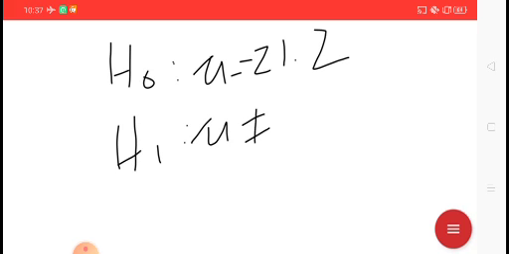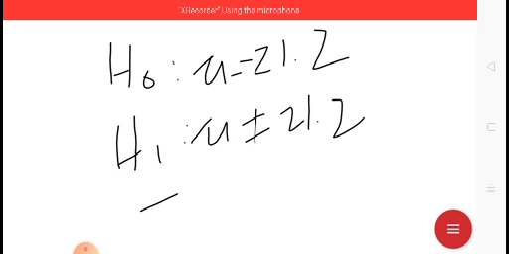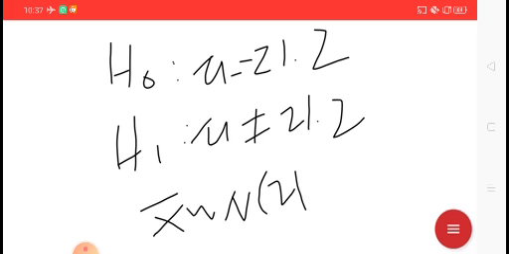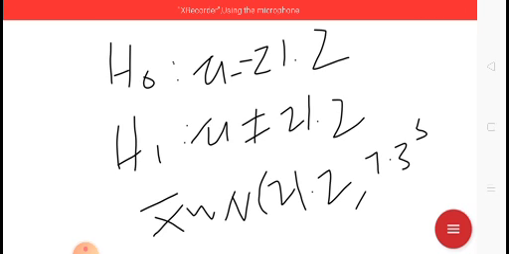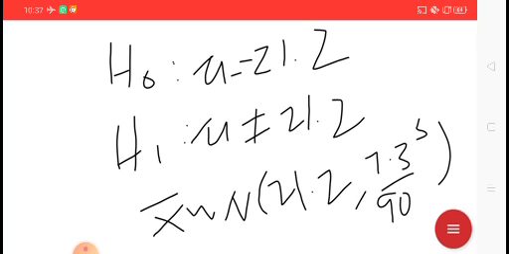Okay, so same or not. Right, this is a hypothesis. So then you need to form your parameter. Okay, so this is your parameter.